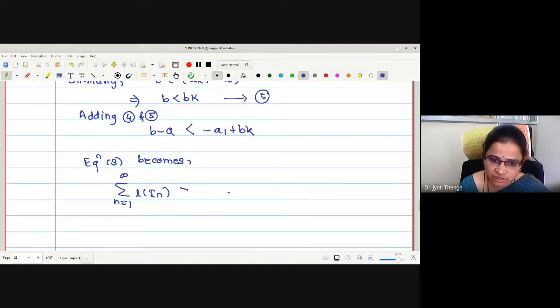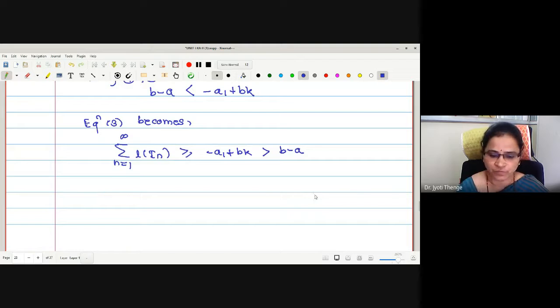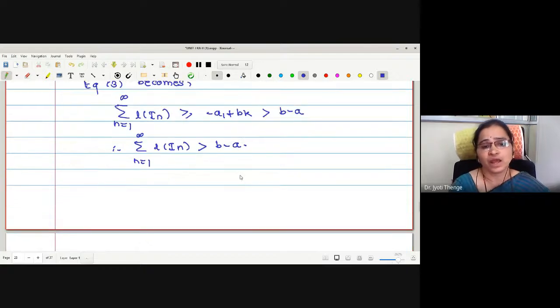Actually, this is greater than or equal to minus A1 plus BK, and we have found this is strictly greater than B minus A. What we have obtained is that the summation n equals 1 to infinity of the length of the intervals I_n is strictly greater than B minus A. Therefore, in outer measure we were finding the infimum of all such lengths, no? The infimum of the sum of such lengths. Okay.